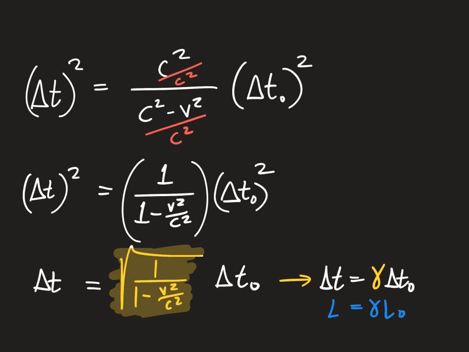So if something's heading towards a noticeable fraction of the speed of light, then it will appear to stretch, either longer or shorter depending on the direction it's going. All right, so I showed the time contraction. The length contraction would be the same basic set of maneuvers yielding the same result. So if you want to look that up just for the fun of it, you could go check your textbook. So there's that.